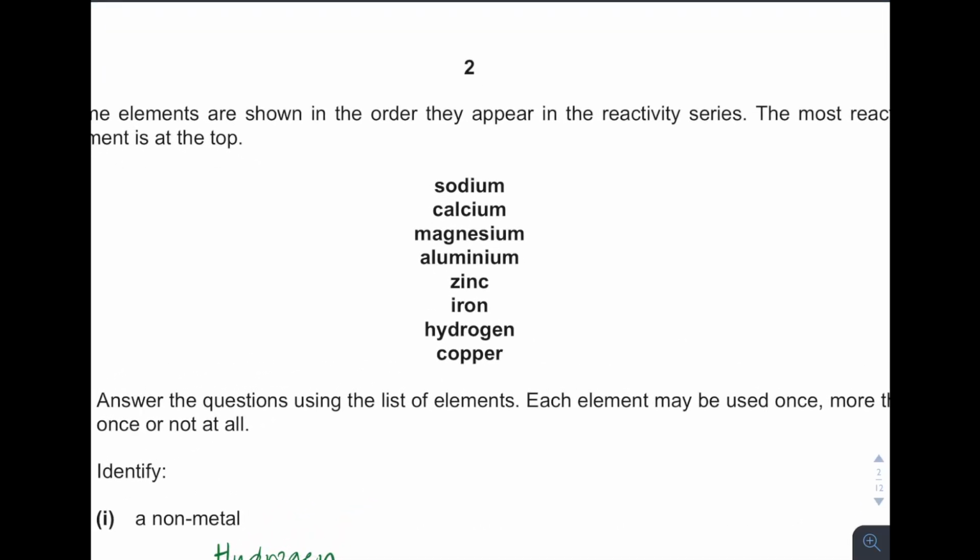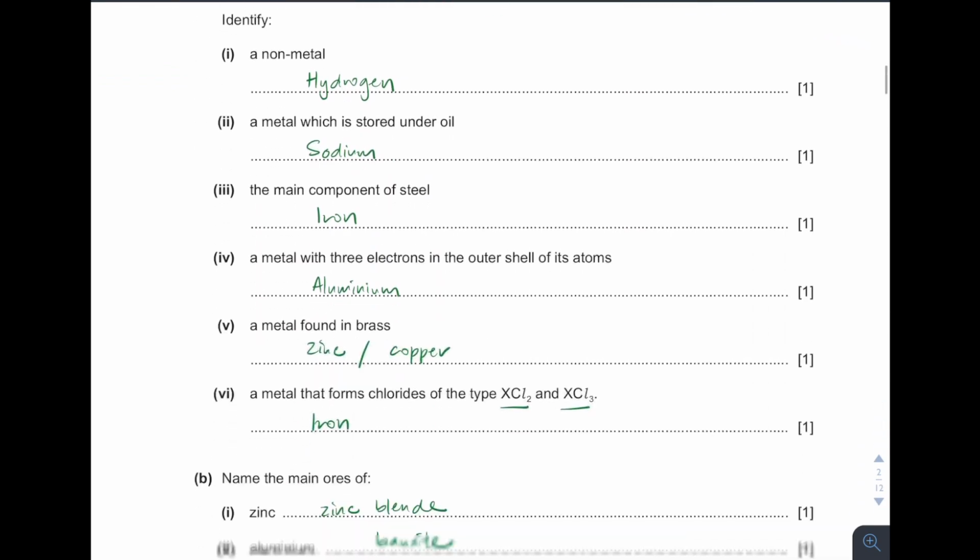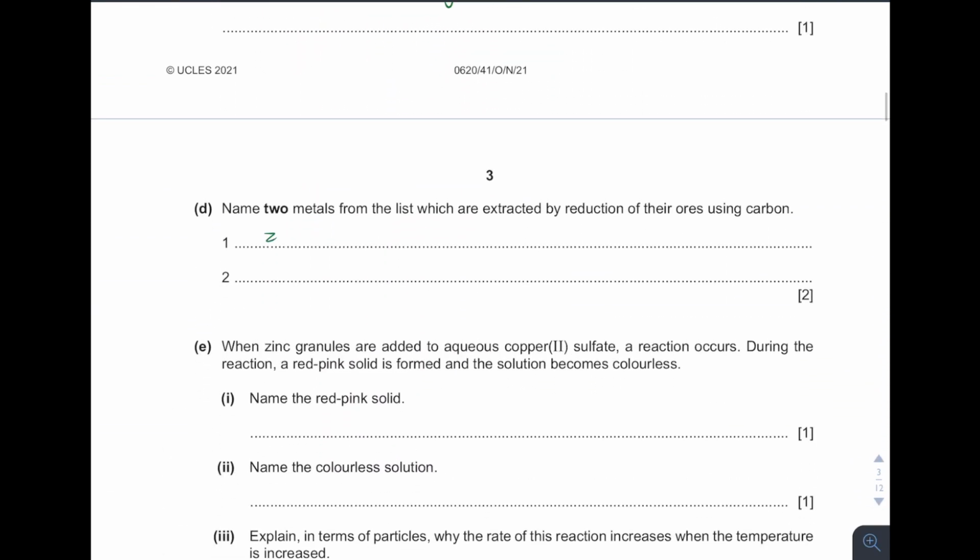In the reactivity series, carbon is placed between aluminium and zinc. So metals that are less reactive than carbon are zinc, iron, and copper. So the answer can be zinc, iron, or copper.